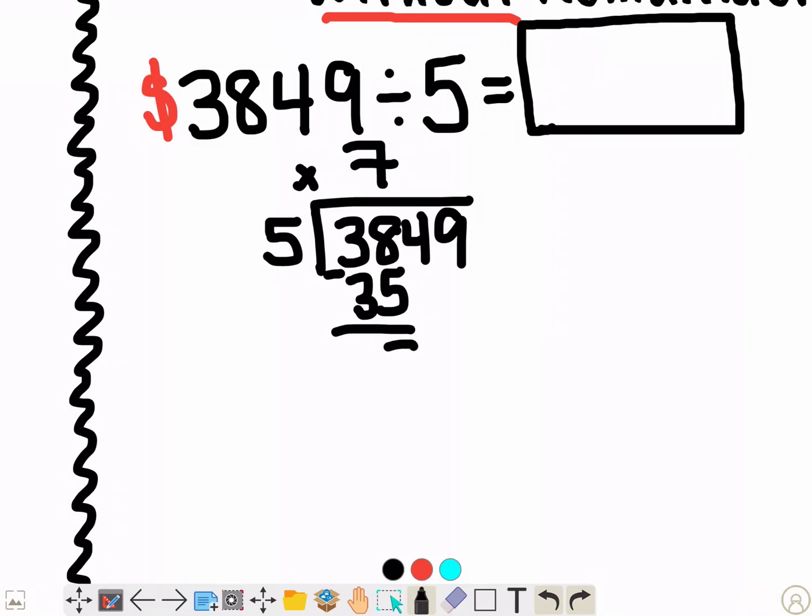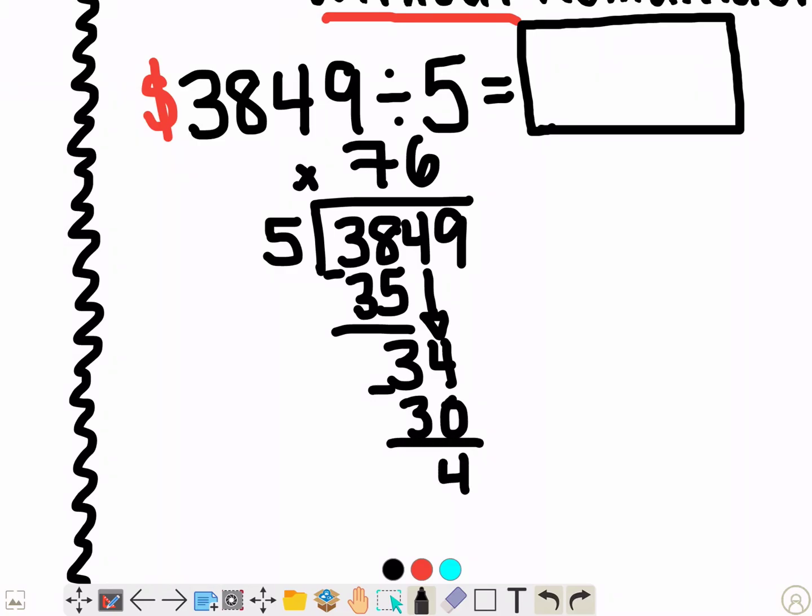Now I'm left with 3 hundreds left over, so I don't have enough hundreds for 5 people, so I got to bring down my tens. I now have 34 tens. Can 5 go into 34? Do I have enough tens for everybody? Yeah, for sure. 5 can go into 34 6 times without going over. Yep, because 6 times 5 is 30. I subtract. I got 4 tens left over.